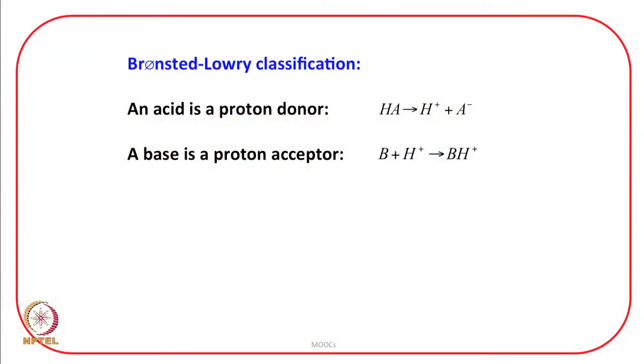First of all, let us talk about the Bronsted-Lowry classification of an acid. Let us take a look at the slide. According to Bronsted-Lowry classification, an acid is a proton donor.